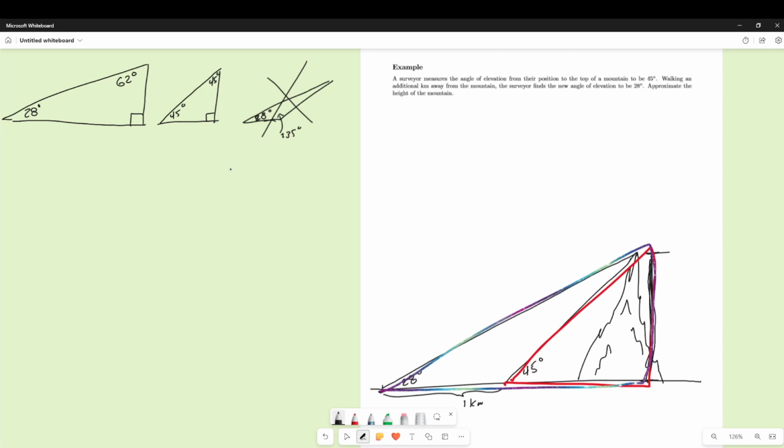So given what we know, we want to find this height, and all we know is that this length is 1 kilometer longer than that length. However long this is, x, that longer triangle is 1 kilometer longer.